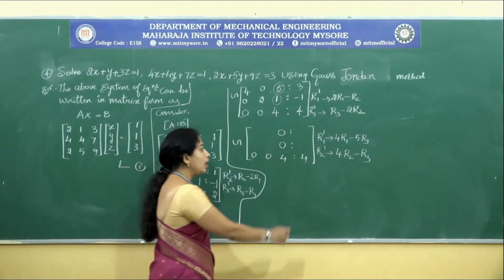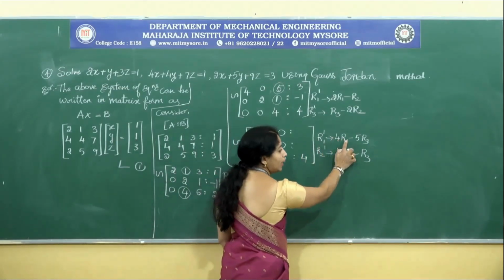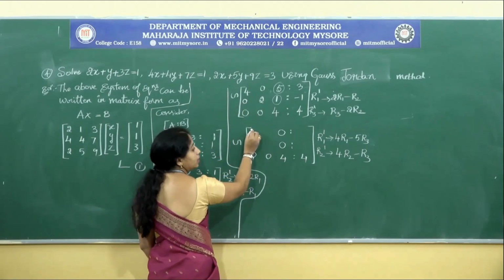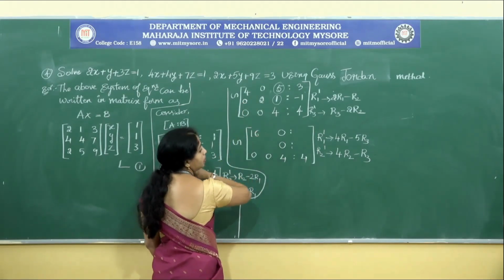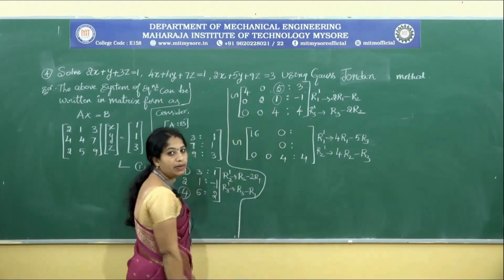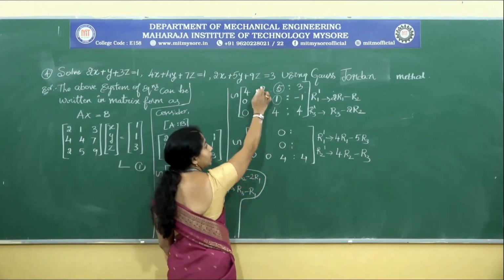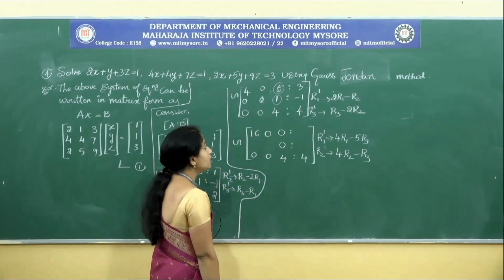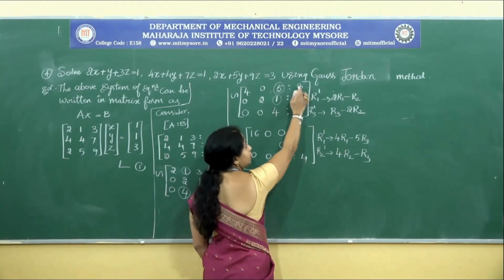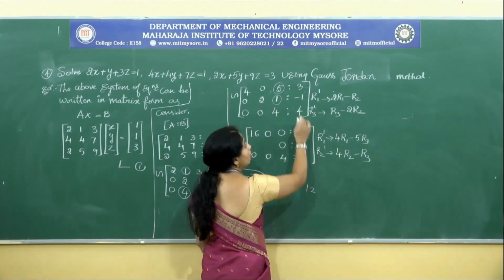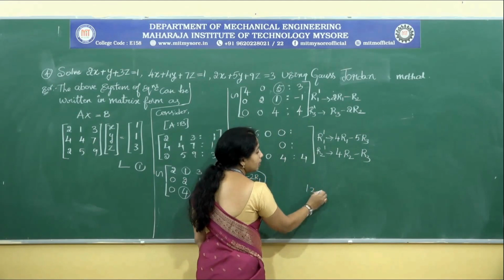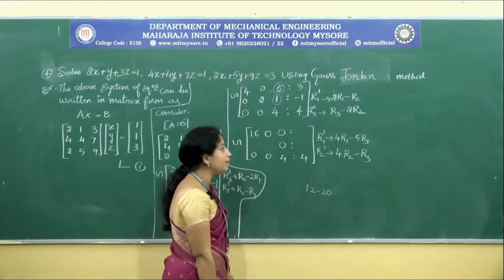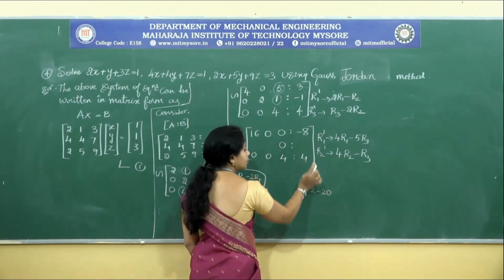See the row operation, R1 dash is 4 times R1 minus 5 times R3. 4 into 4 is 16, 16 minus 5 times 0, you will get 16. This element is 0. See the last element, 4 times 3 is 12 minus 5 times R3, that is minus 5 into 4 is 20. 12 minus 20 will be minus 8.